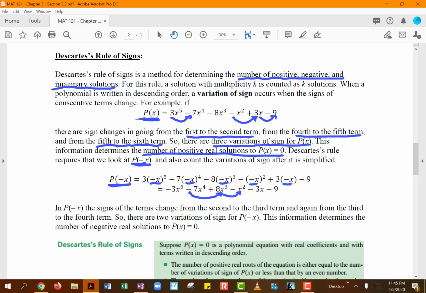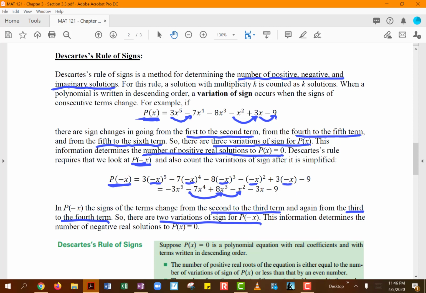Then we're going from negative to negative and negative to negative. So no change, right? So there are 2 times that when we look at p of negative x, your sign changes, which tells us that it's changing from the second to the third term, and it's changing from the third to the fourth term. So those are 2 variations.